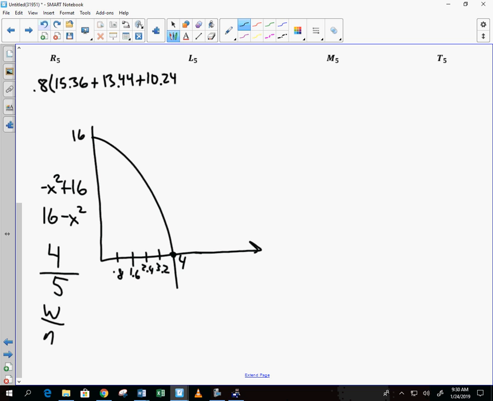Okay, so I evaluate 0.8, 1.6, 2.4. Now I got 3.2. If you plug in 3.2, what do you get? 5.76. That's 1, 2, 3, 4. I should have one more. Oh, why 0?